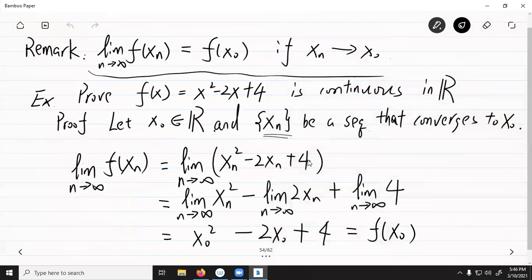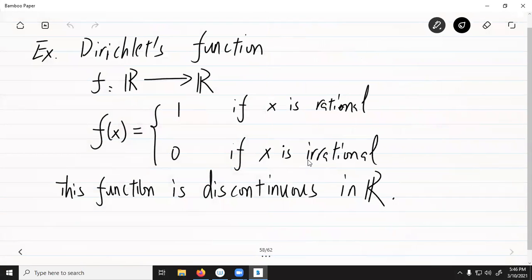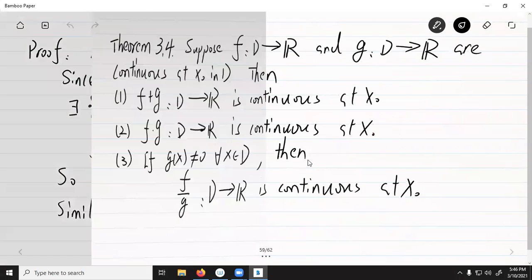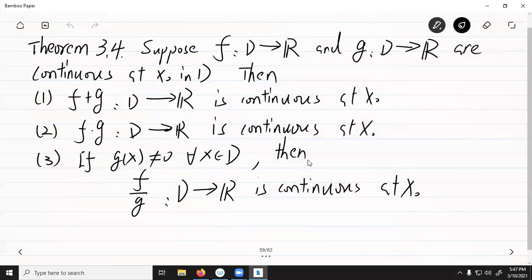This is a polynomial, right? No matter how complicated your polynomial is, you can always use this way to prove it's continuous everywhere. So it satisfies the condition here: at a specific point, it's continuous, right?